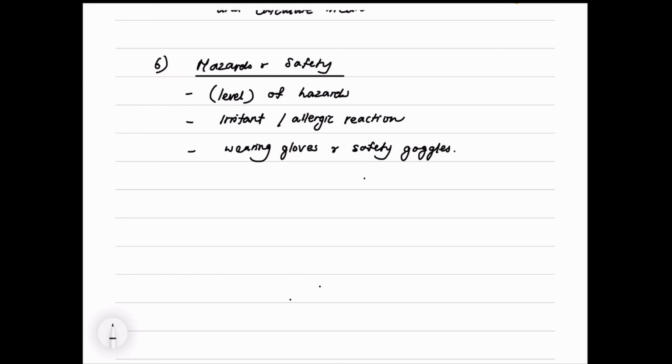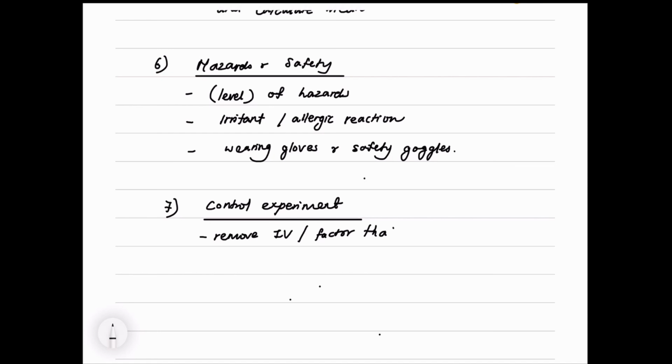And finally, if applicable, we can set up a control experiment. So in this experiment, we would remove the independent variable or remove the factor that contributes to the result.